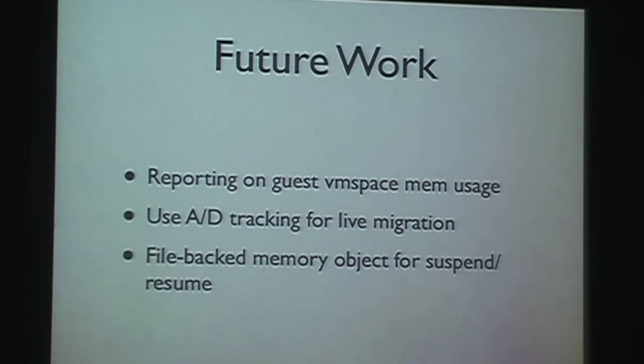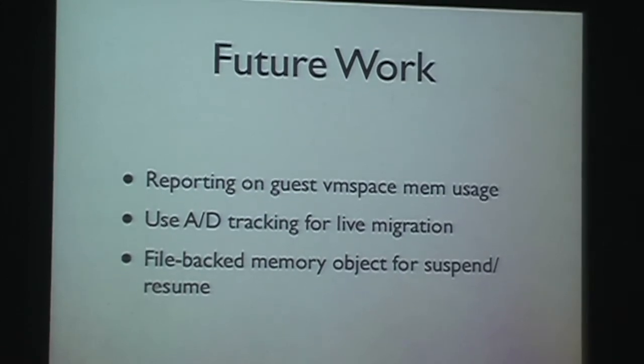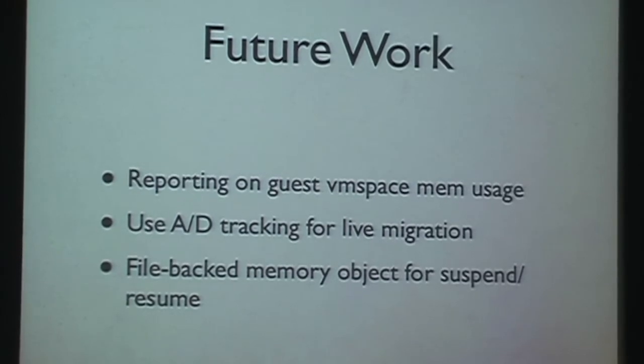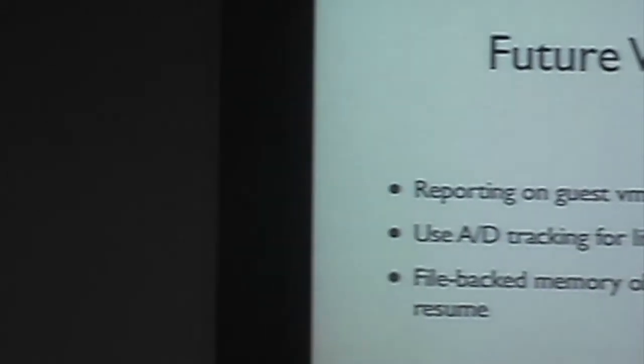It's probably really not a good idea to just use swap. What we probably should do is use a file-backed memory object. That also allows us, if we want to suspend or resume the guest virtual machine, to write all the memory out to that file, and when we restart, we can read it back in from that file, or we can just set it up to dynamically page in from that file.